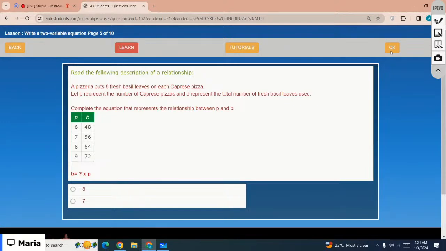A pizzeria put 8 fresh basil leaves on each caprese pizza. Let P represent the number of caprese pizzas and C represent the total number of fresh basil leaves used. Complete the equation that represents the relationship between P and B. So, which is the correct option?